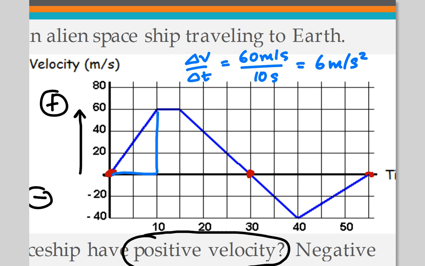You guys okay with that? The next section is very straightforward because it's flat, so the acceleration there would just be 0, right there at that flat spot. Now for that big negative chunk, you're at 15, right?